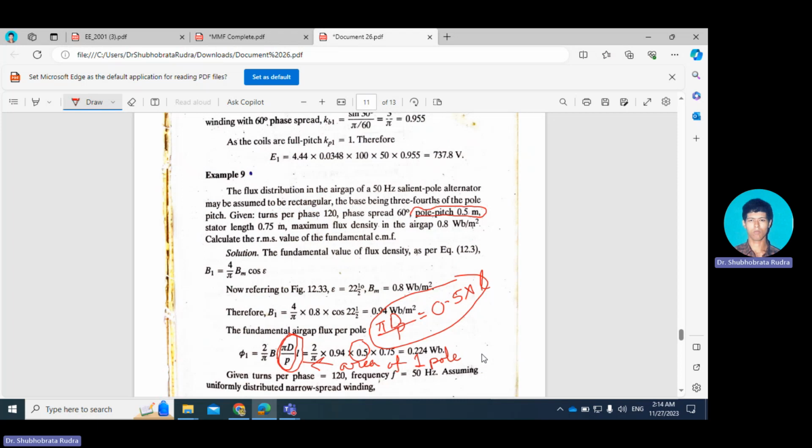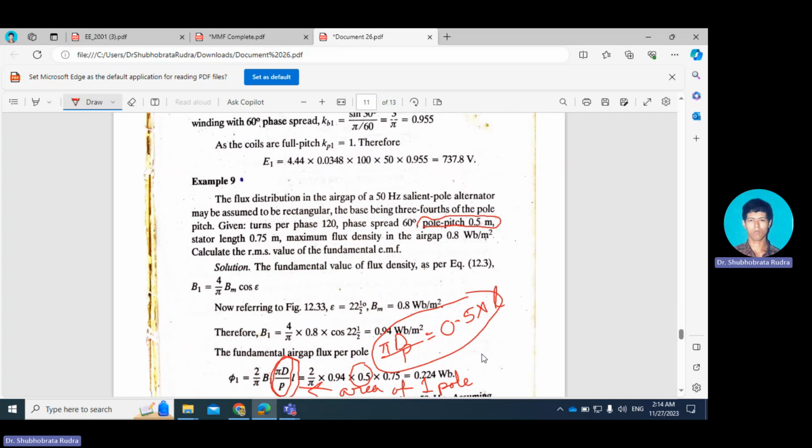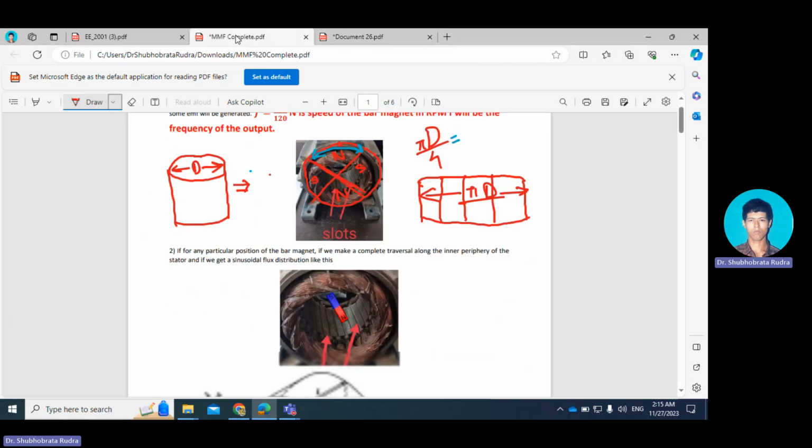Once you know how much area is coming under one pole, you can think about what your B1 is, or precisely how this B is calculated. This B is the fundamental value of flux density. Now, fundamental means here, to be more precise, the magnitude of the fundamental value. So when we are talking about B1, let me just take you here.